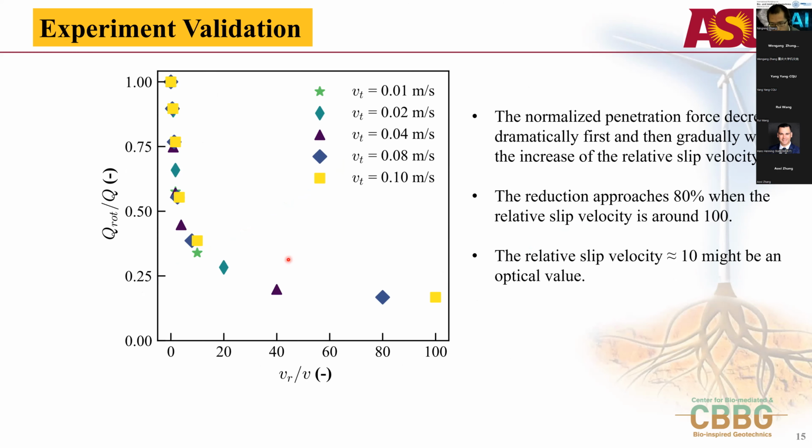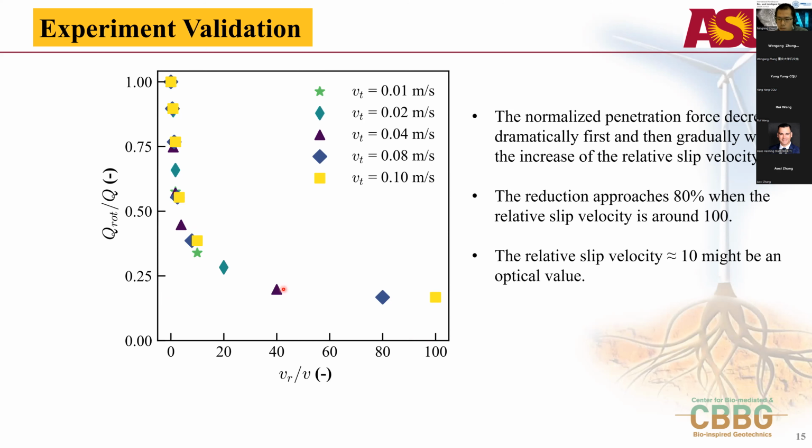Here we plot the normalized penetration forces with the relative slip velocity. So we can see that the normalized penetration resistance decreases dramatically at first, and then gradually with the increase of the relative slip velocity. Also, we can see that the reduction is around 80% when the relative slip velocity is around 100.